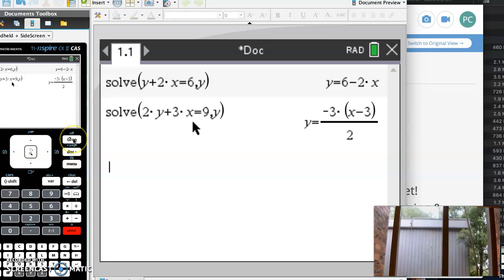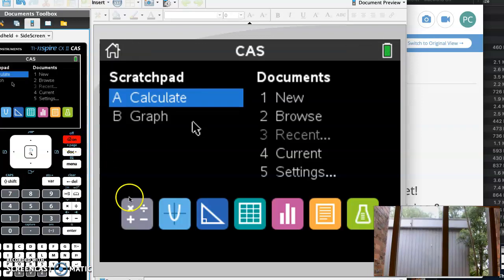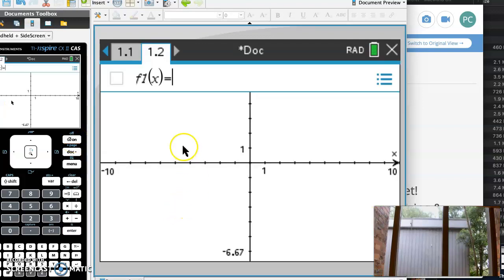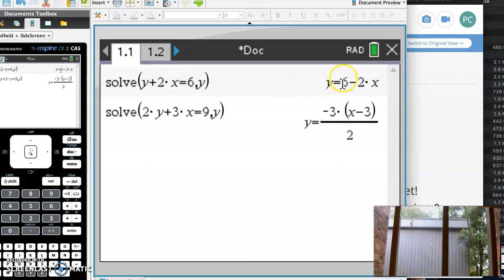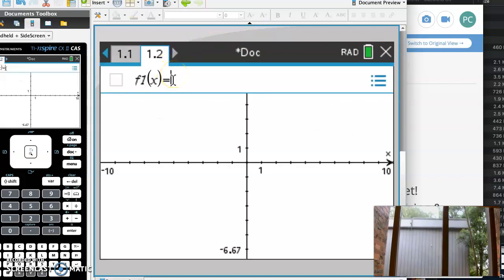So if I go to a home page and open a graph, then when I click across onto my calculator, I can go Command C to copy, Command V puts it in there.